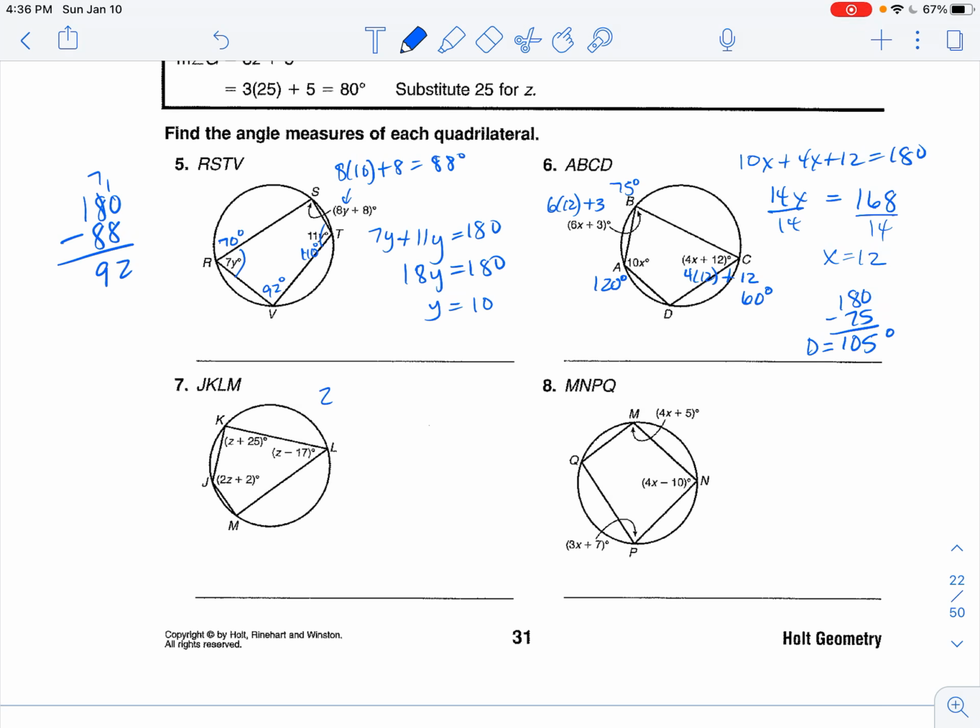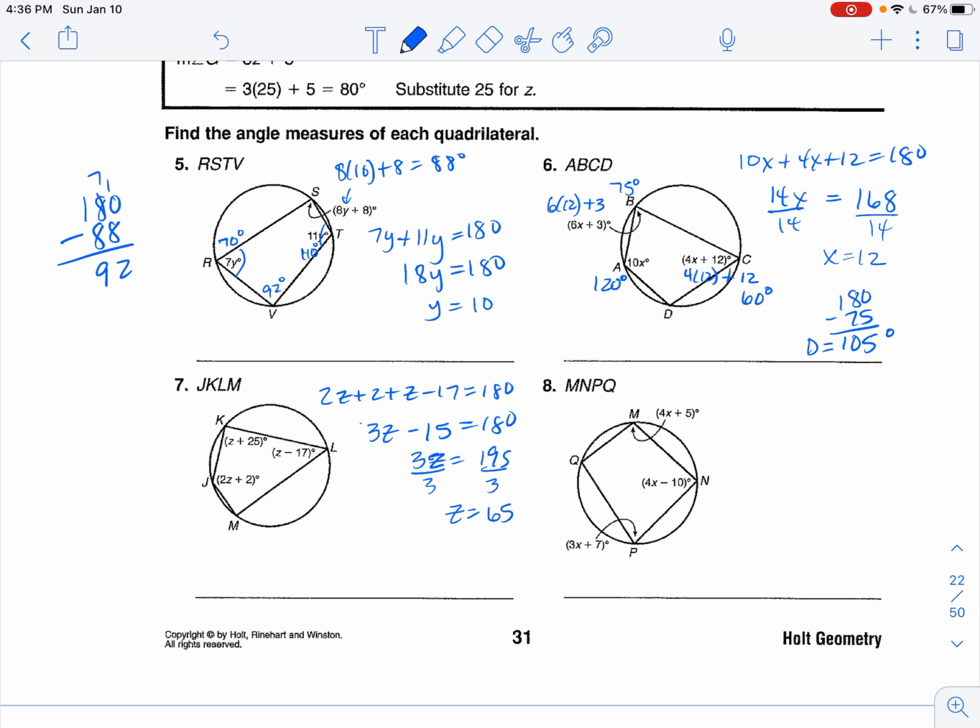All right, 2 more. So I'm going to go ahead and let the opposite angles add to 180. So let's see. That's going to give me 3z minus 15 is 180. If I add 15, divide both sides by 3, z is going to give me 65.